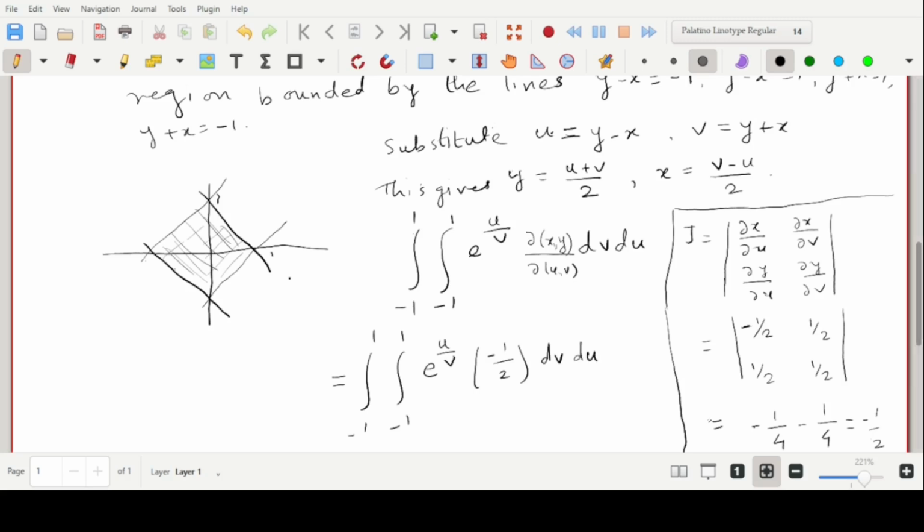Now here observe that the limits of integration of v are constants, two constants, and similarly that of u also are two constants. So it's a rectangular region in the uv plane. When we look at it as a region of integration in the new coordinate system, the uv coordinate system, it's a rectangle.